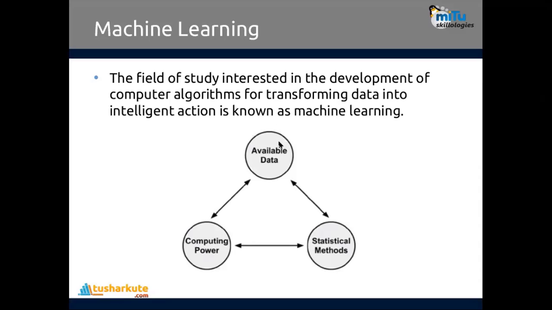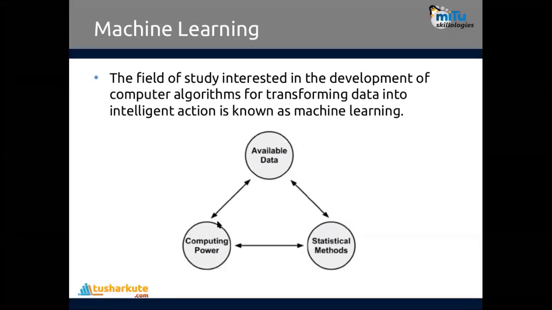The first corner of that triangle is available data. Which data we use, that experience, we use that data. Based on that, we create a statistical method. We apply the statistical methods, and using the computer algorithms and computing power, like a programming language, we build your project, your model. So data is compulsory. For the statistical method, we decide which one to apply based on the available data.